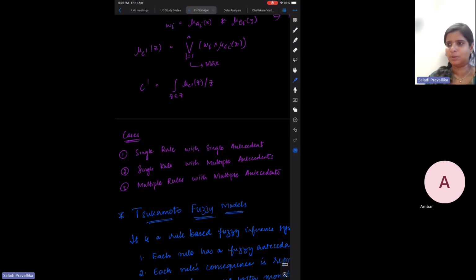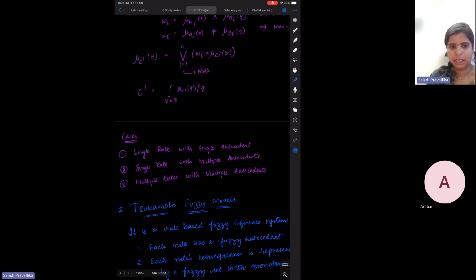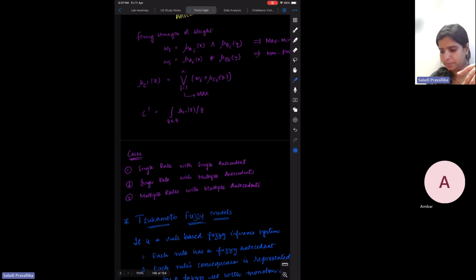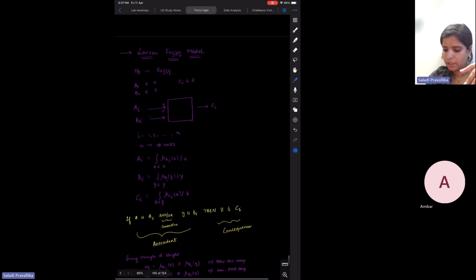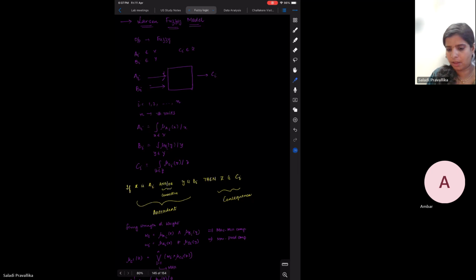If I do it just with pen and paper, I'll be taking vague values, right? So I have skipped the examples for each of the cases, and as a whole I'm just giving you the details here. Okay, so that is with the Larsen fuzzy model.